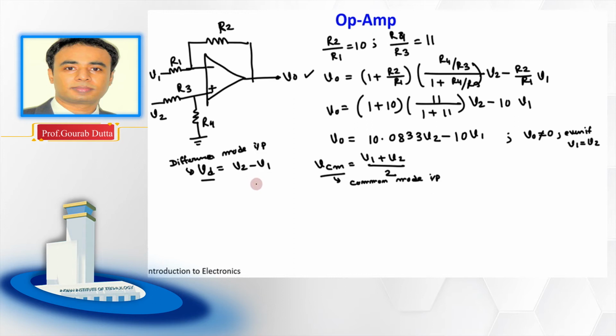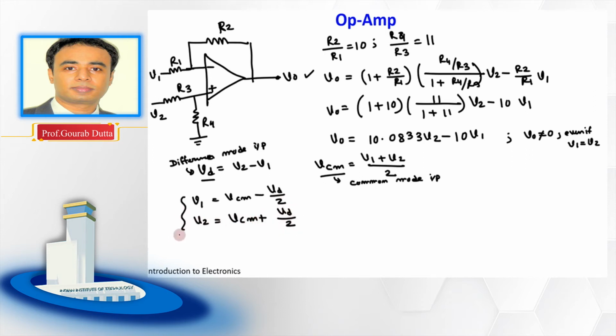Now if you know these two things, can we not write V1 and V2 in terms of VD and VCM like this? See here. Can we not write V1 equal to VCM minus VD by 2 and V2 equal to VCM plus VD by 2?